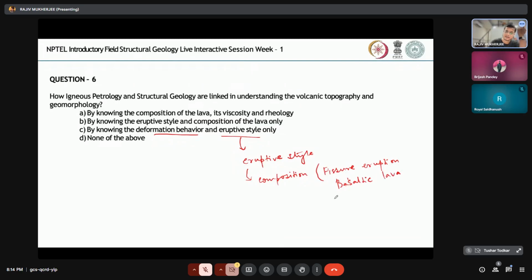and, what is that thing called, stratovolcano, right? Stratovolcano or dynamic eruption, right?